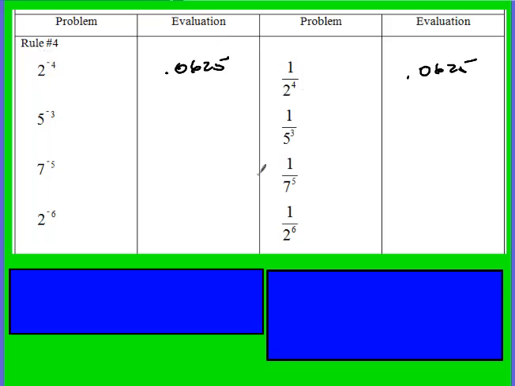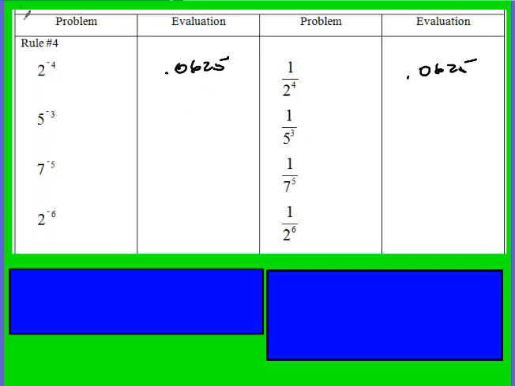So what do you notice is the difference between these two problems? Well, I'm hoping you notice two things. One is that this one is not a fraction. This one is. This one has a negative exponent, but this one doesn't. So what we find out with this negative exponent is that the negative on the exponent actually turns the problem into a fraction.